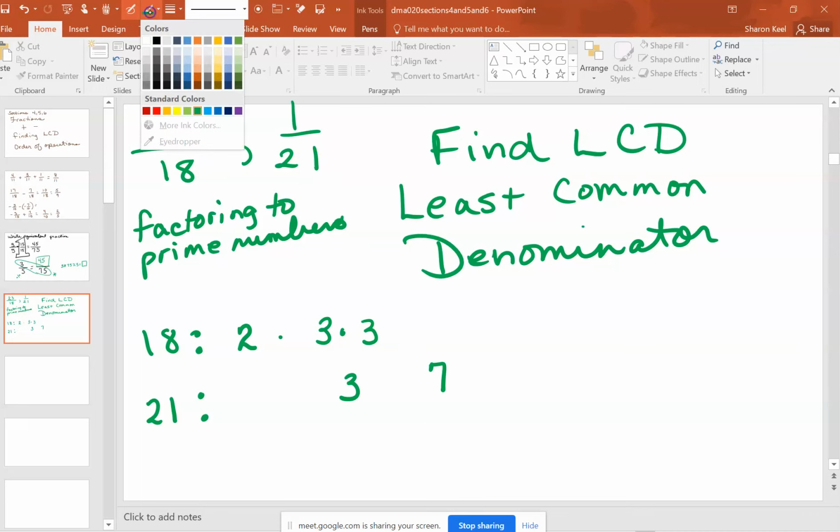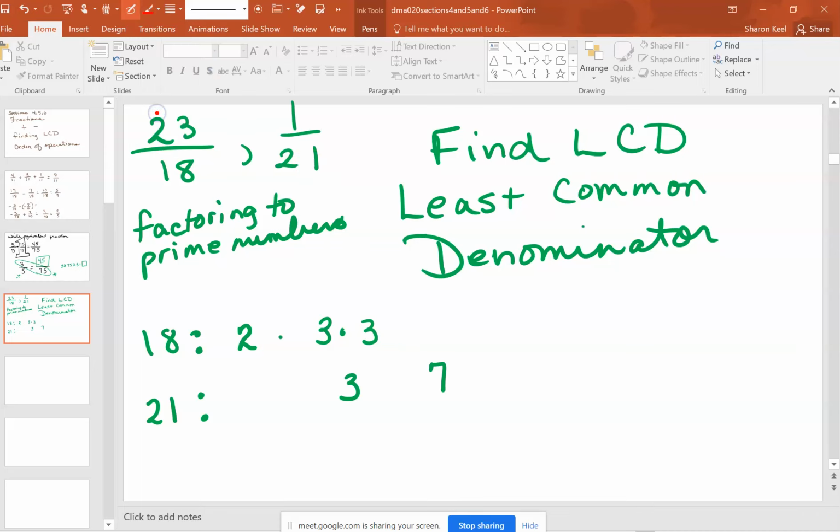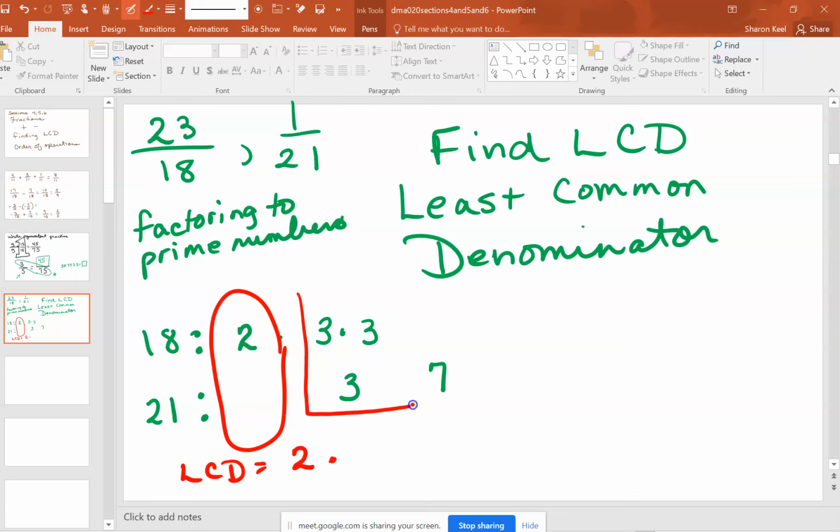The next thing we're going to do is we have to use all of the factors in the denominators. So to get the least common denominator, the 18 has a 2. The 21 does not have anything, but we still have to use a 2. When we look at the 3's, the 18 has 2 3's. The 21 has 1 3.